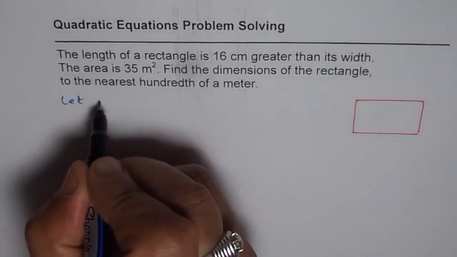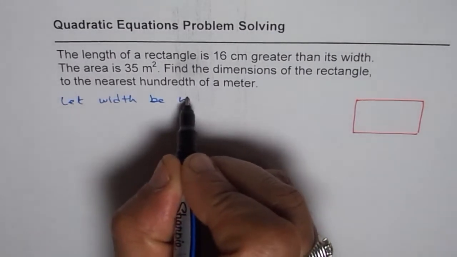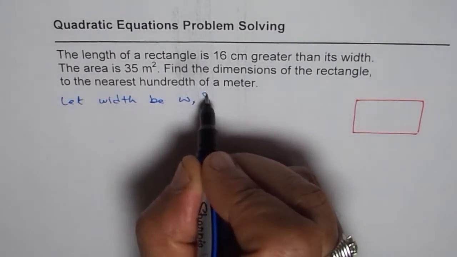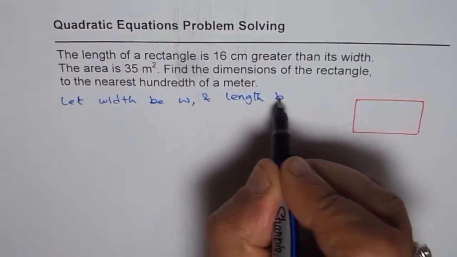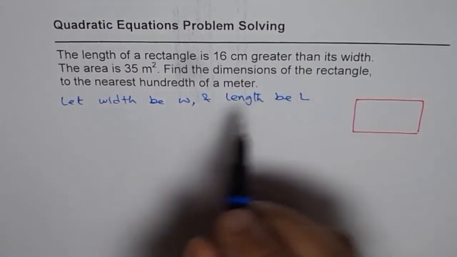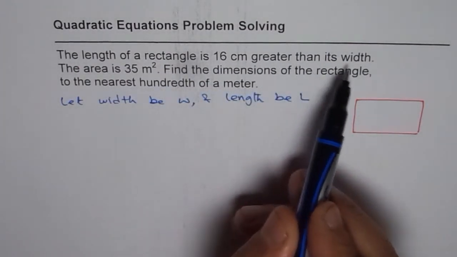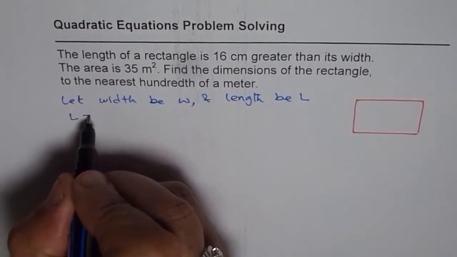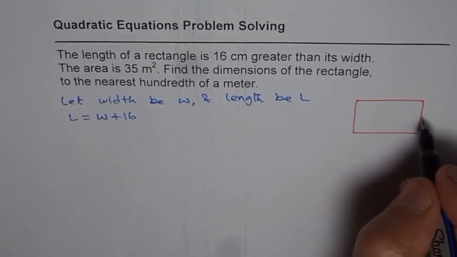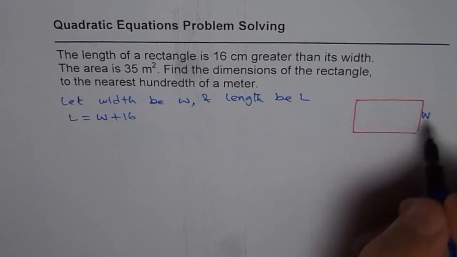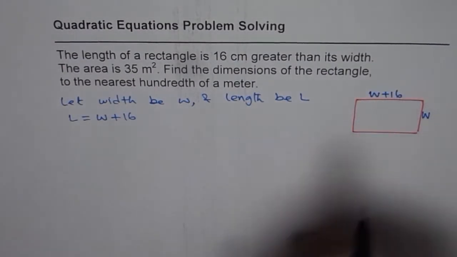Say let width be W, and length be L. That means length is equal to width plus 16, correct? So we can write W for width, and length we can write as W plus 16, correct?